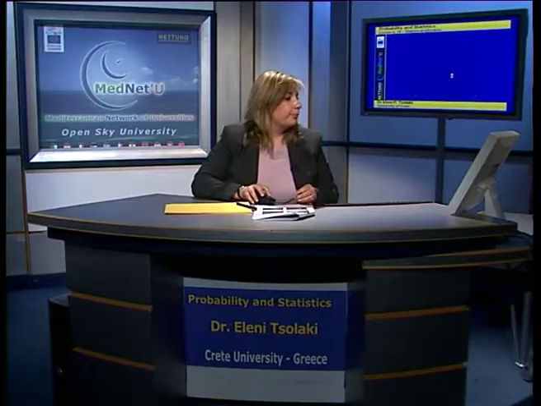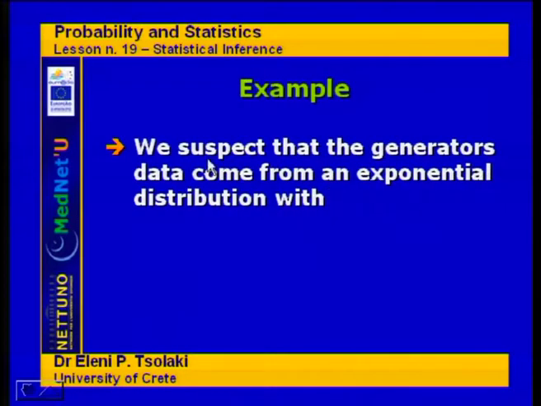So, we suspect that the generator's data come from an exponential distribution. We know that if really they come from an exponential distribution, the mean will be 1 over lambda, and the variance will be 1 over lambda squared.